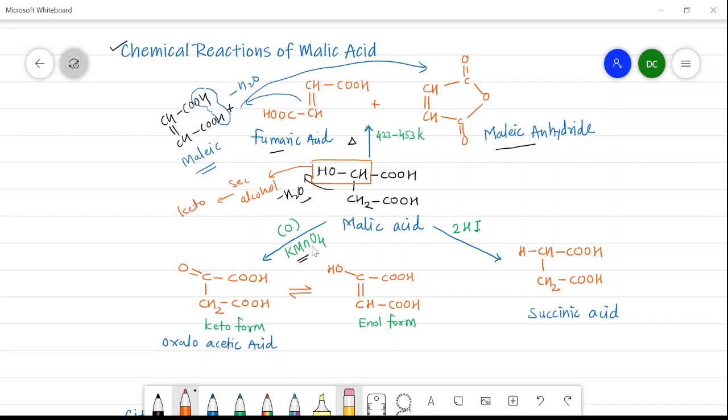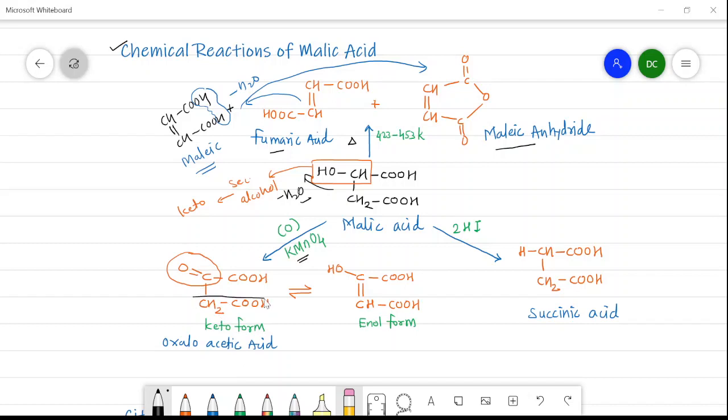So in the presence of KMnO4, only the CHOH group is converted into the CO group by oxidation, and the remaining structure is as it is, the CH2COOH group. The name for this compound is oxaloacetic acid.